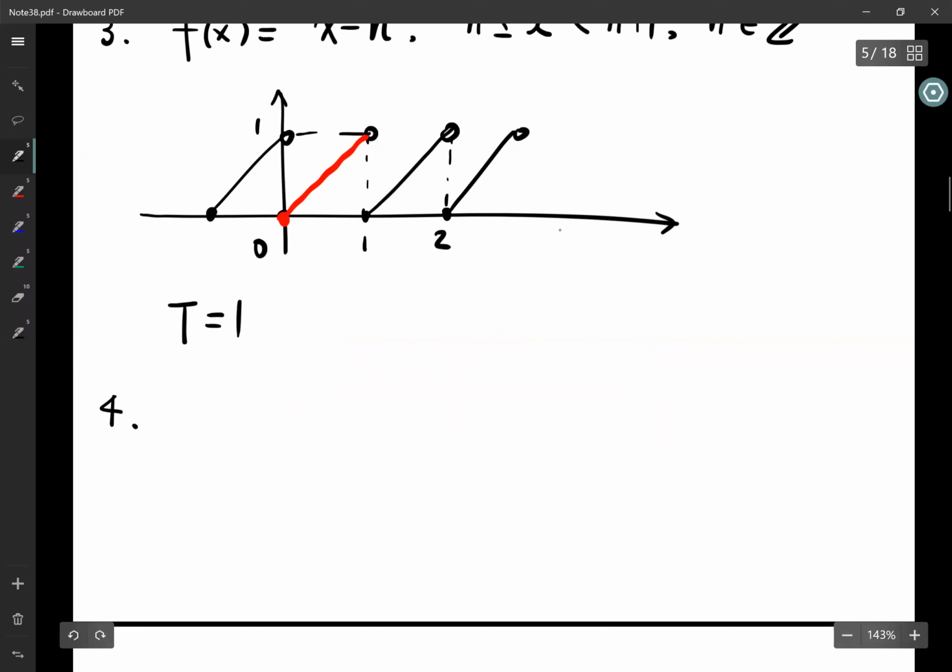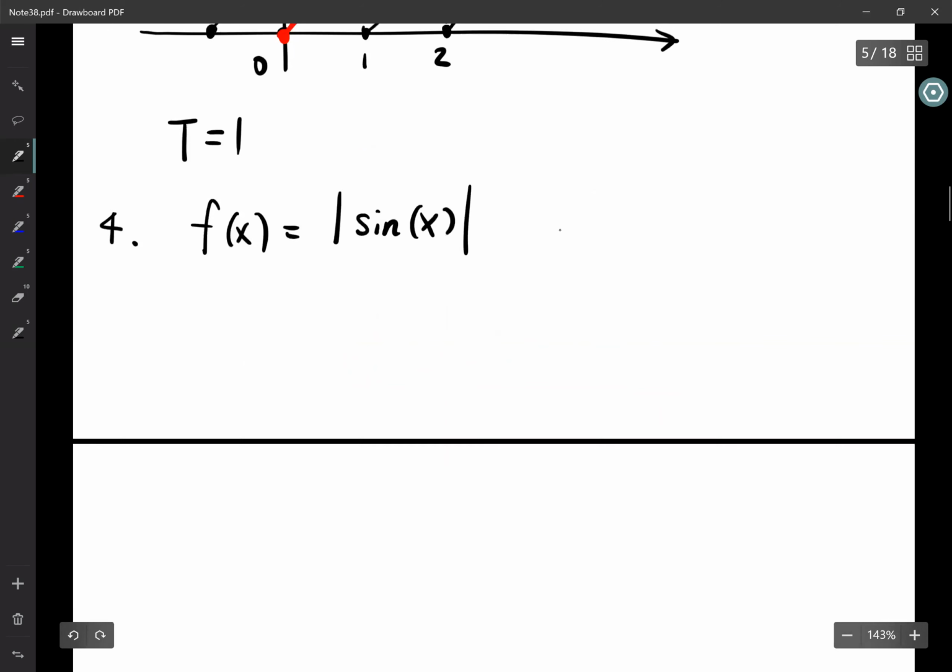For f(x) equal to the absolute value of sine x, you might say, well, didn't you just say this is a period that's 2 pi? Yeah, 2 pi is a period, but we want to find the smallest one, the smallest T, so that f(x) equals f(x plus T) holds. So again, we make a plot.